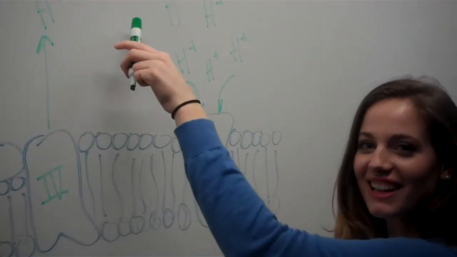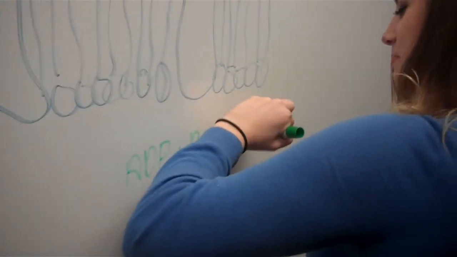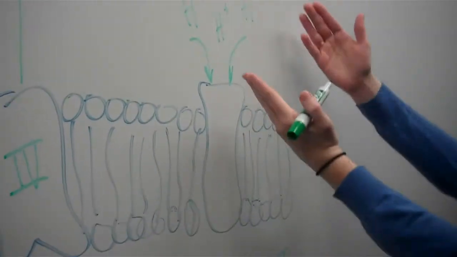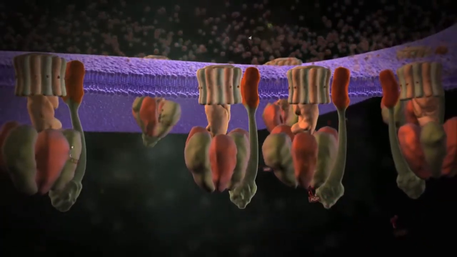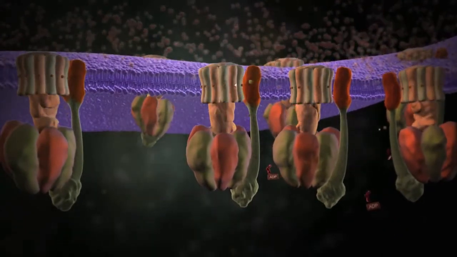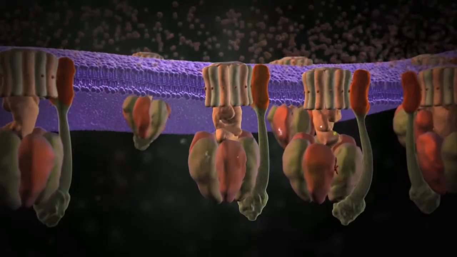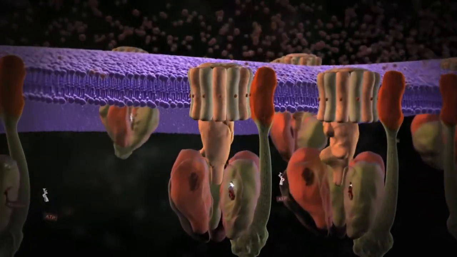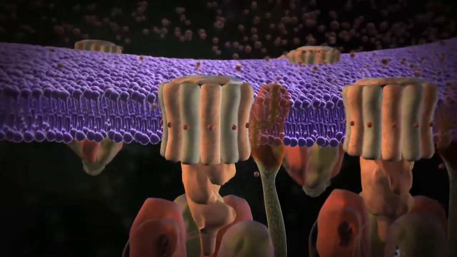The hydrogens must then flow back into the matrix to equalize the distribution. This process is what ultimately drives the revolving of ATP synthase. It generates adenosine triphosphate, or ATP, an energy molecule that provides fuel that every one of your cells needs to function. Without this fuel, your cells will cease operation, and so will you.